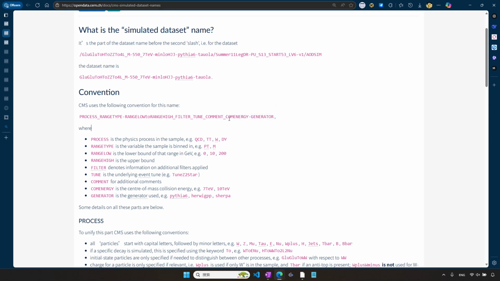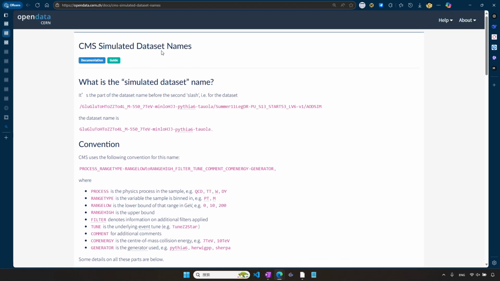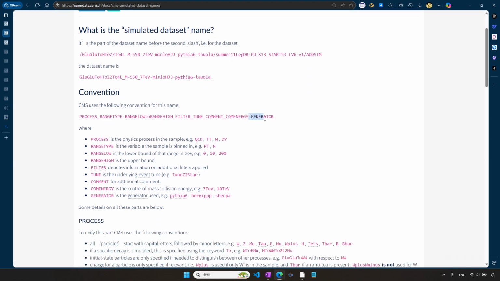The last part is center of mass energy and generator. Because these are simulated datasets, we use the generator to generate some Monte Carlo samples. For the generator, we also define the center of mass collision energy. For the example name, we can see there is 7 TeV.